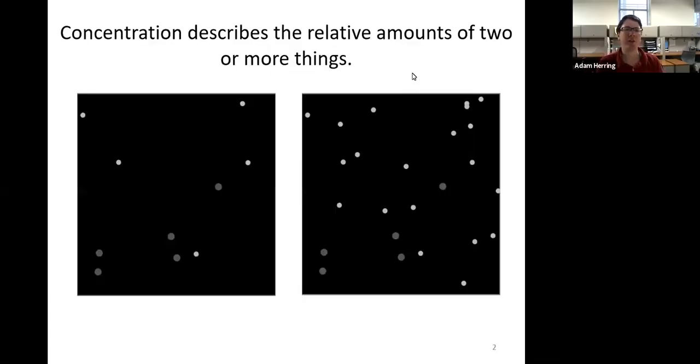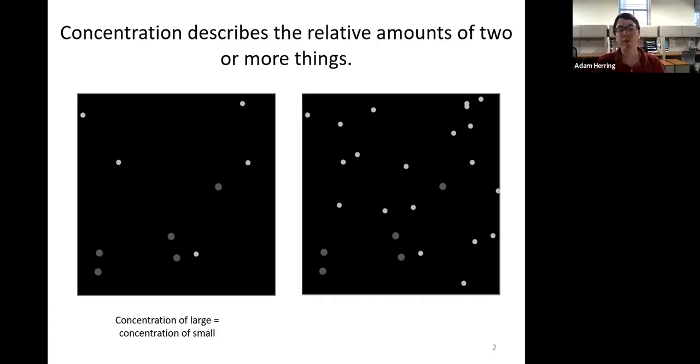What is concentration? Generally speaking, a concentration describes the relative amounts of two or more things. So in these two boxes, we have small spheres and large spheres. In the box on the left, we can say that the concentration of the large spheres is equal to the concentration of the small spheres.